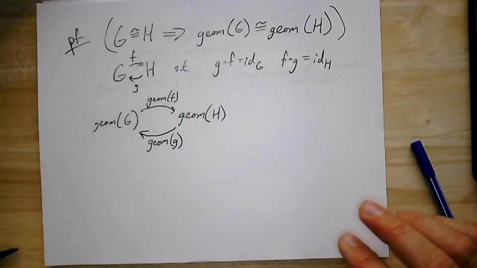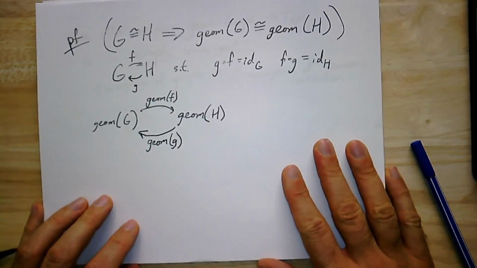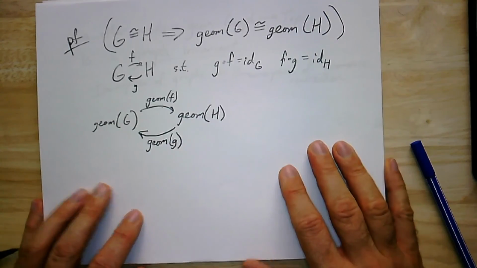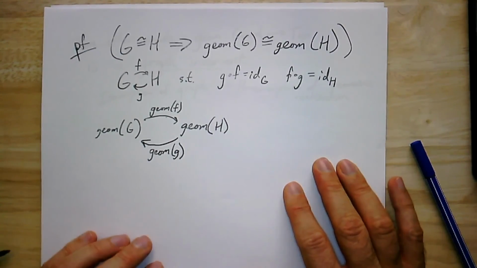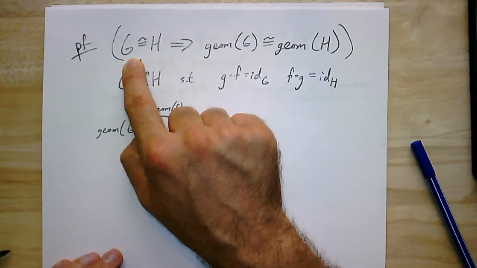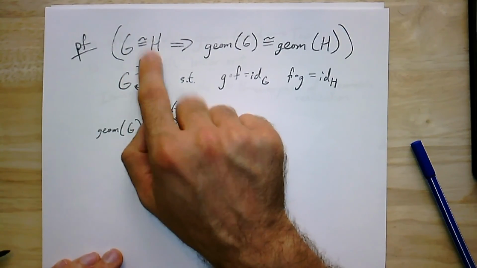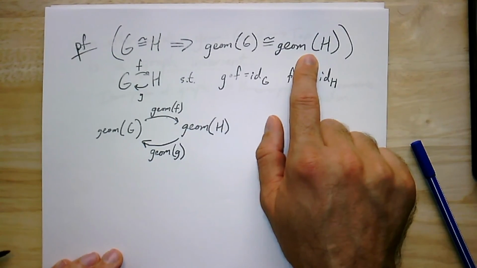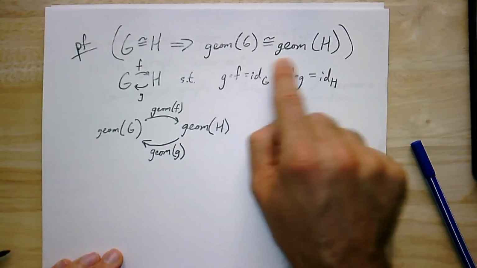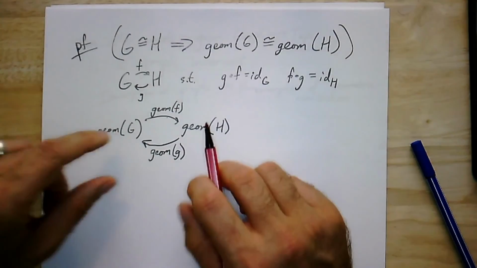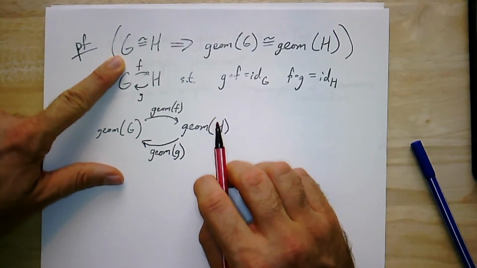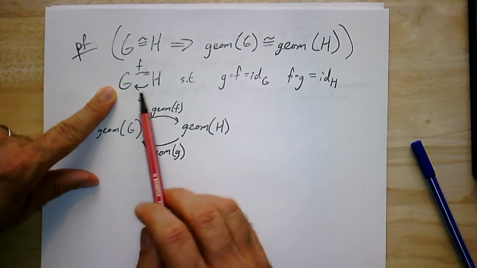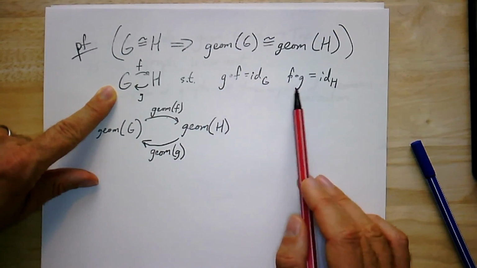Now that we've written all this stuff down, let's look at the proof of that theorem that I started with, which was that if a graph is isomorphic to another graph, then their geometric realizations are topologically equivalent. That is, they're homeomorphic. And so being isomorphic means that we have two homomorphisms that compose to make identities.